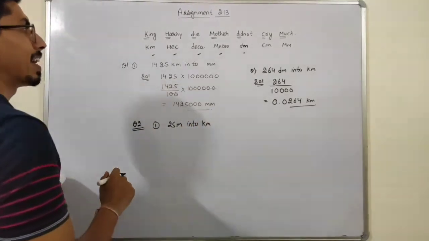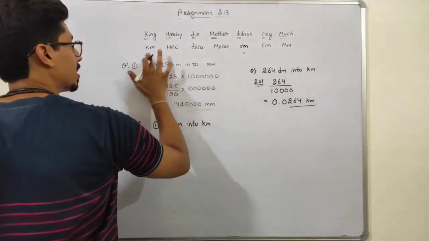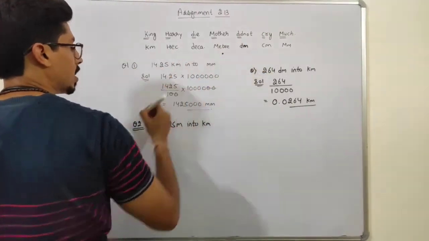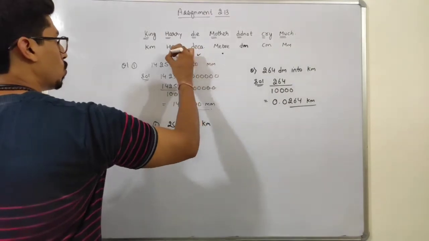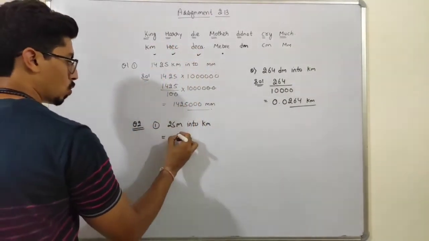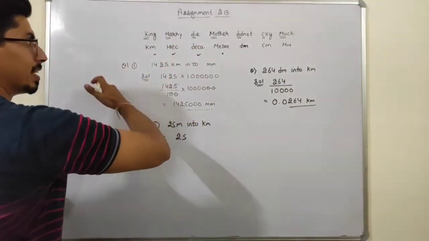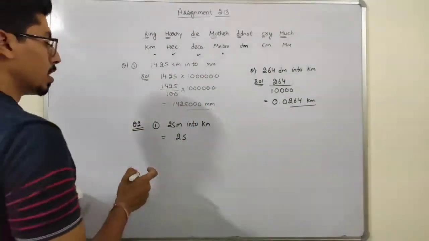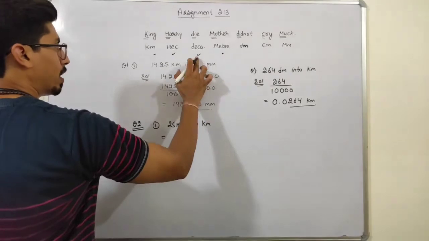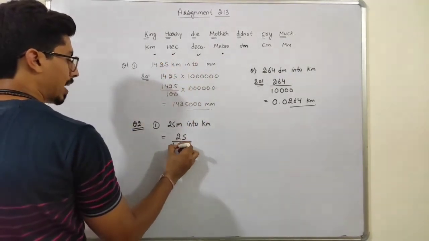So 25 meter, students. See, I am here now, and I have to move to the kilometer. That means 1, 2 and 3 places, and that is on the left hand side. I have to move to the left hand side, so I have to divide it. So this divided by 1 and 3 zeros.